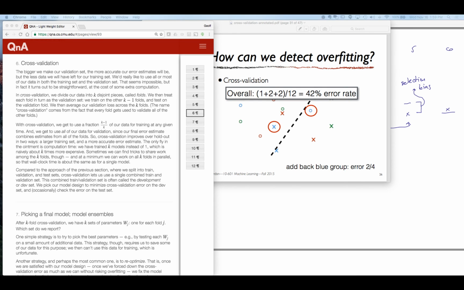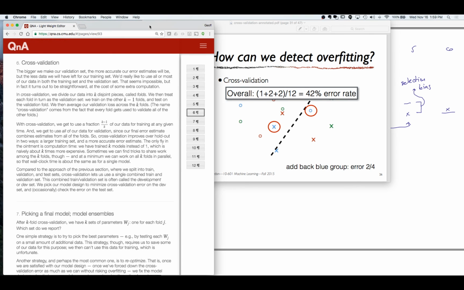Can the TAs please tell me whether there's a part of the lecture that I need to go back over again, or whether I should just keep going? All right, so that was cross-validation.